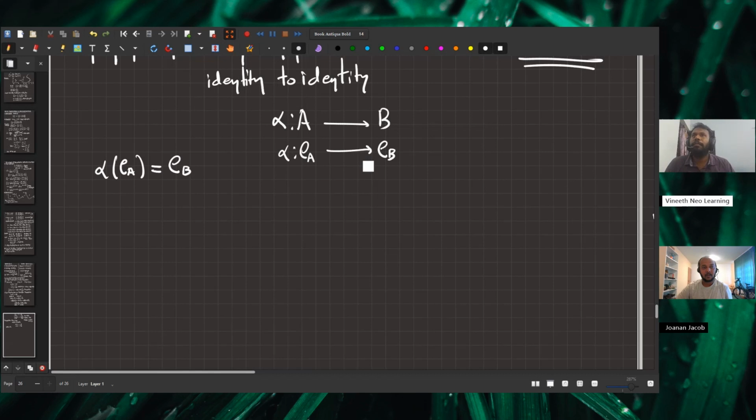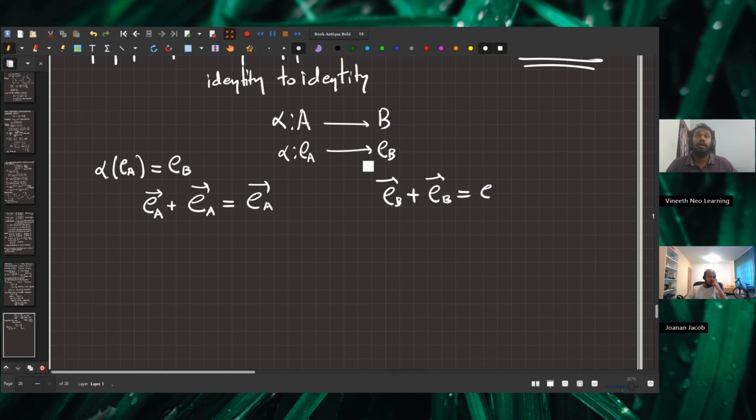What is the property of E of A? When we add, since we are talking about vector spaces, the origin of A to itself, we get E of A. Similarly, if we add the origin of B to the origin of B, we get the origin of B. Also, if we add a vector A with that origin, we get that vector itself.